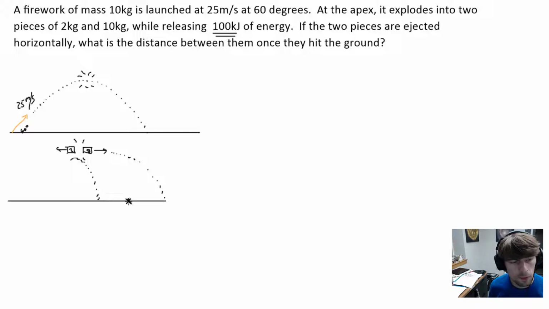So this is where the firework would have landed had it not exploded. And then you get a path for the 2 kilogram piece, and you get a path for the 8 kilogram piece. And the question is, what's the distance between those? I don't know what to call this. I guess I'll call this delta x pieces. That's what we're trying to find.